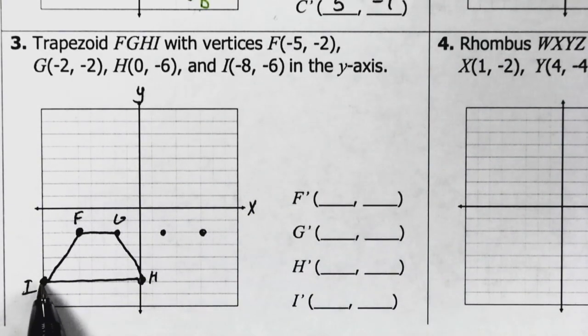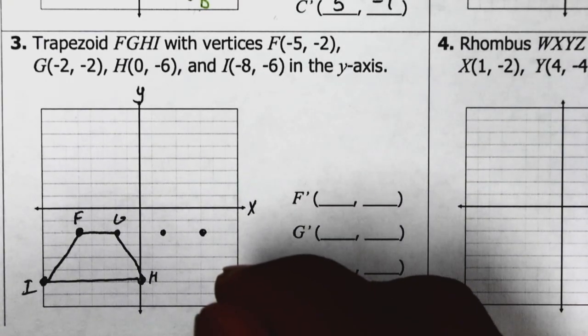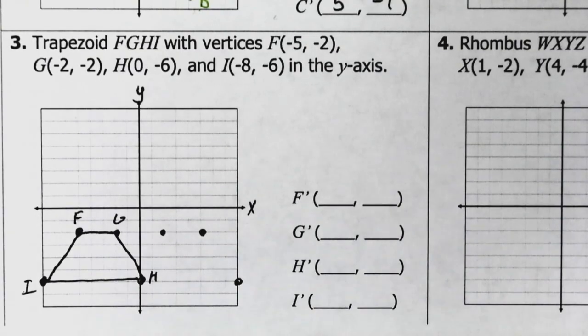I is at -8, so it's going to be 8 this way, so it's over here. Now with H, I did skip H because H is actually on the axis. If it's on the axis, it has a distance of 0, which means it's going to stay at the same spot. It's not going to move. It's actually on the line.